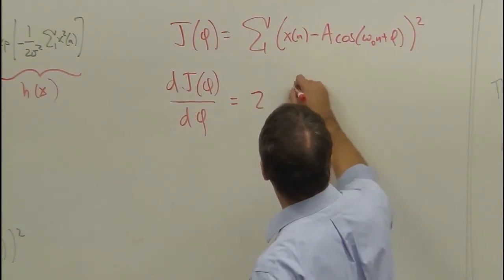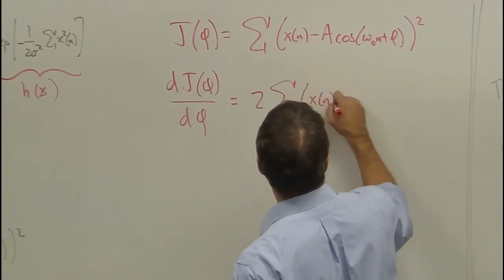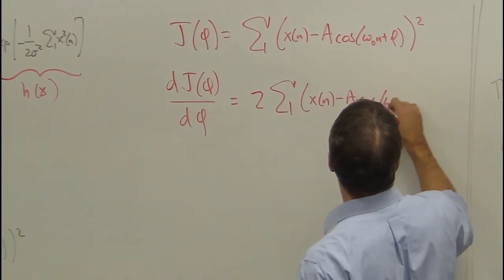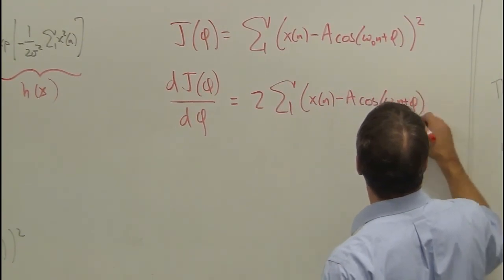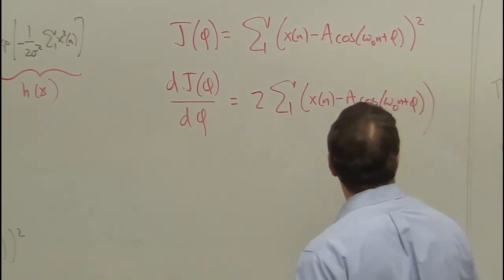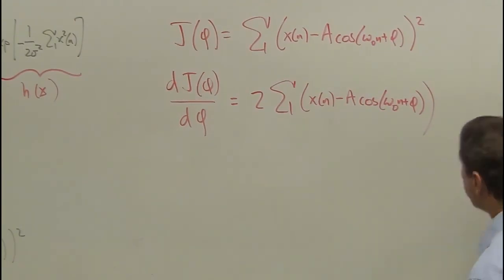We get 2 times the sum of x of n minus a times the cosine of omega 0 n plus phi, times the derivative of this thing with respect to phi.